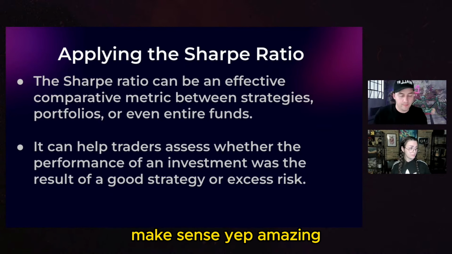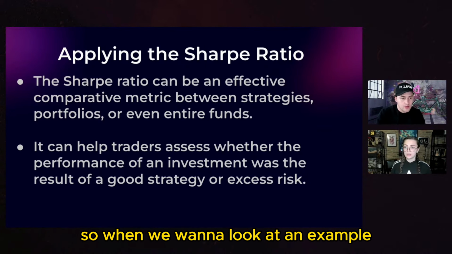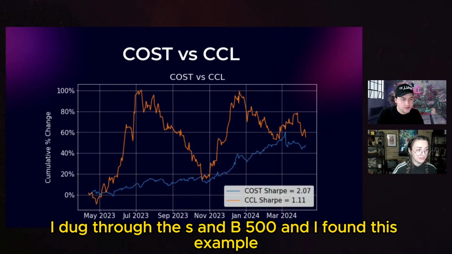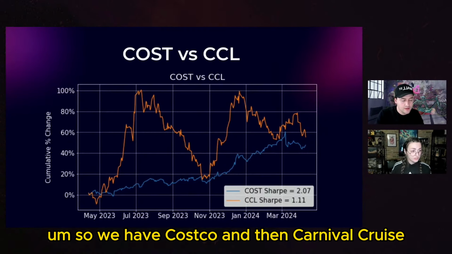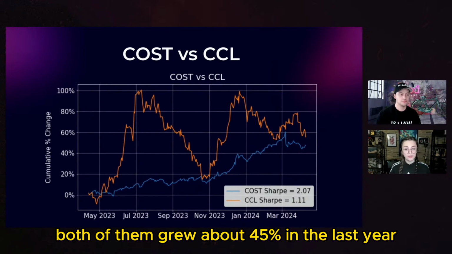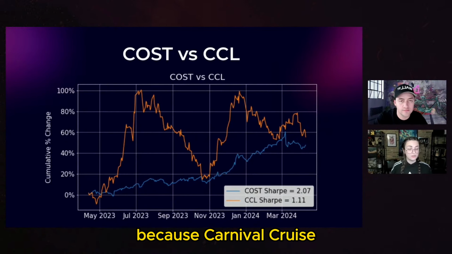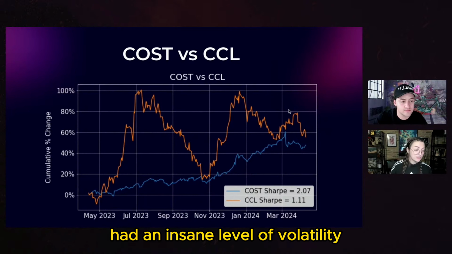Make sense? Yep. Amazing. So for an example, I dug through the S&P 500 and found this one: Costco and Carnival Cruise. Both of them grew about 45% in the last year, but the Sharpe ratio of Costco is about double that of Carnival Cruise Line, because Carnival had an insane level of volatility.